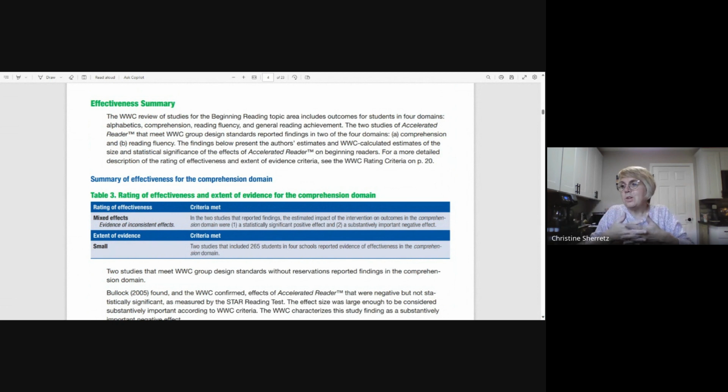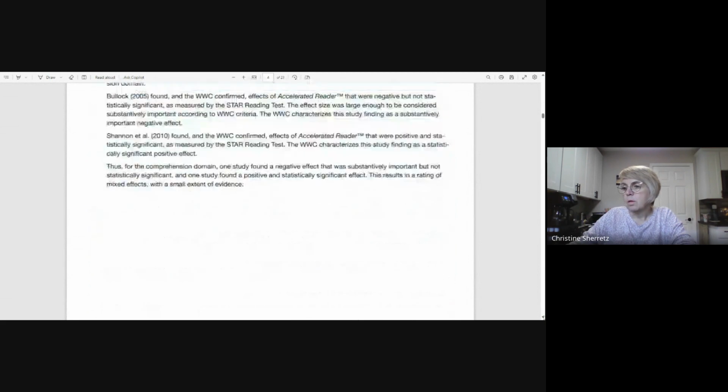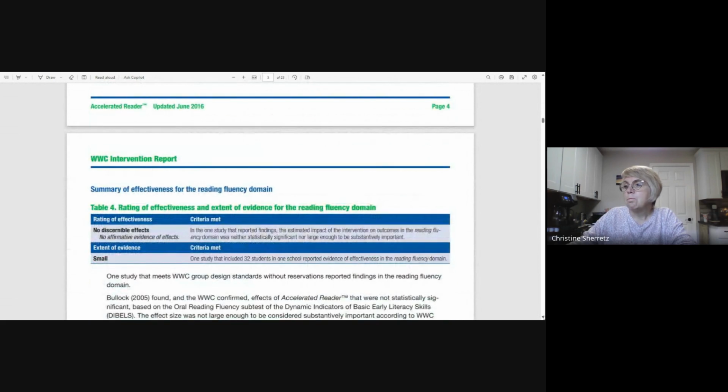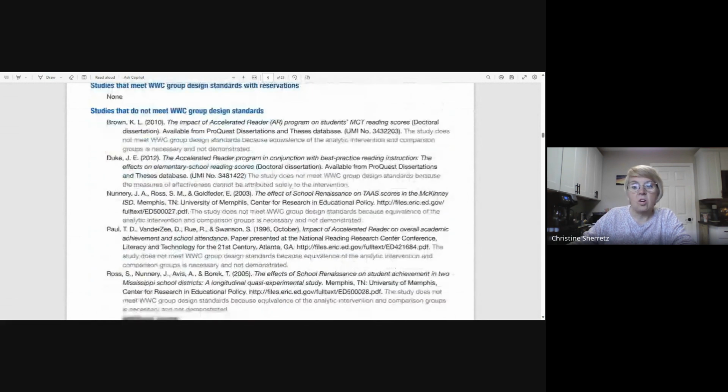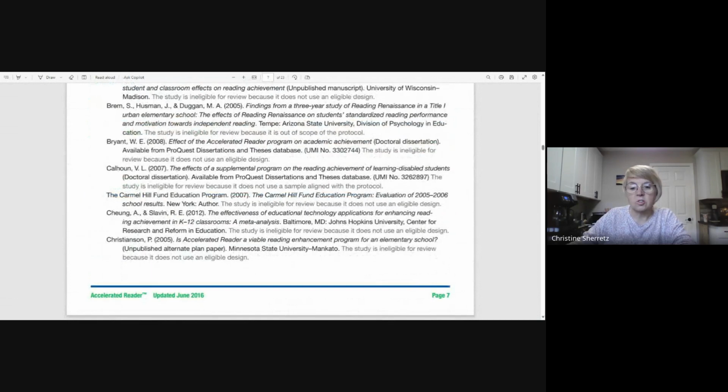So putting those together, they had mixed effects. You had one study that said, yeah, it helped, and one study said, no, it didn't. That's interesting. And then we have rating of effectiveness, no discernible effects, and small. And then down here is all the information with all the research about it.